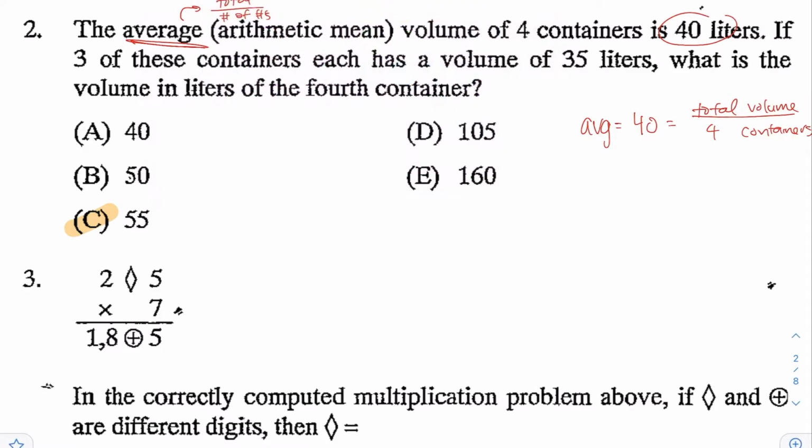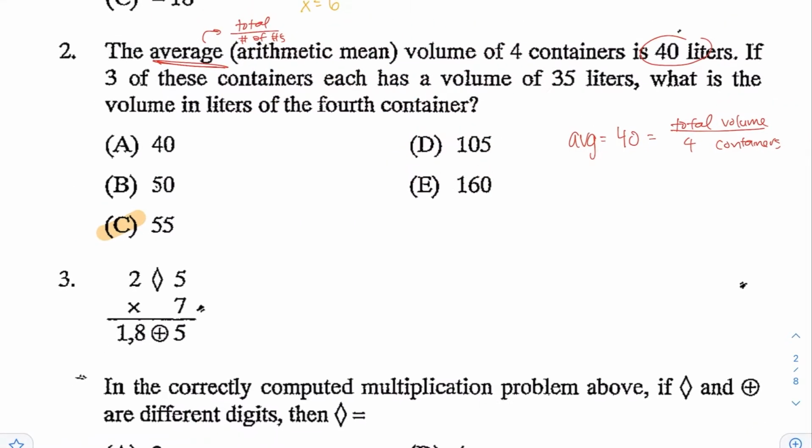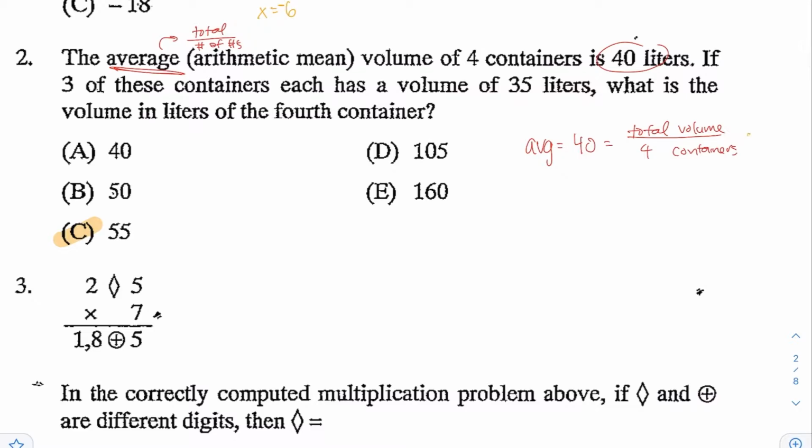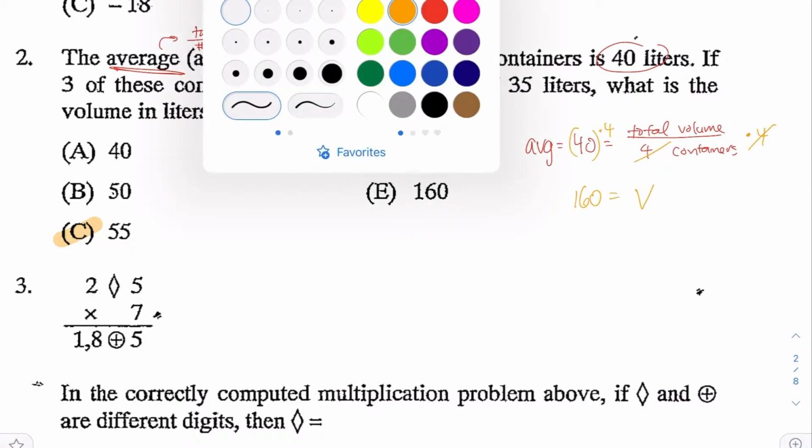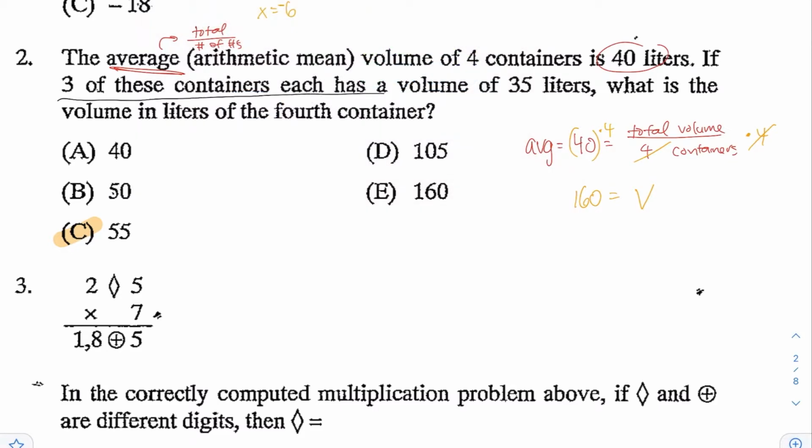So from here, if you multiply both sides by 4, that will cancel out the 4 in the denominator, and you also have to multiply the right side by 4 as well. So it will be 160 is equal to the total volume, which we can call V. So if 3 of these containers each has a volume of 35, and the keyword is each, that tells you to multiply. 35 times 3 is equal to 105.